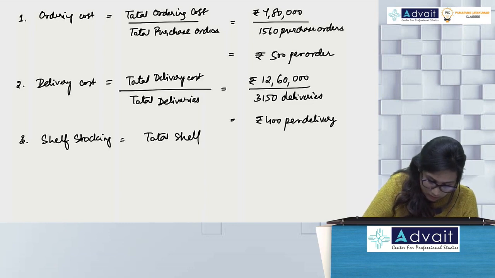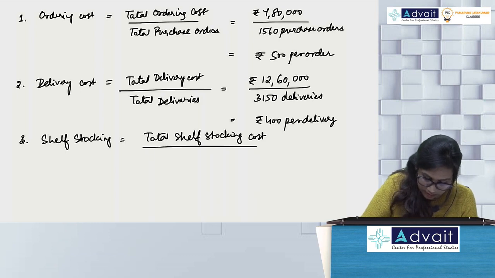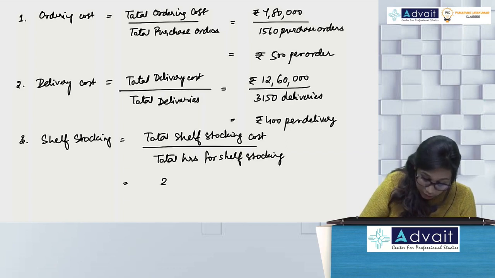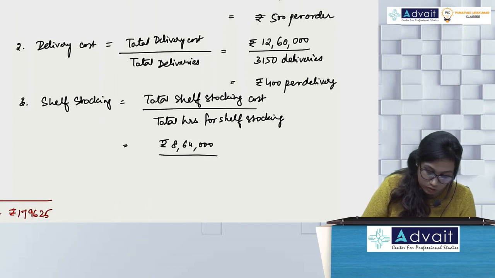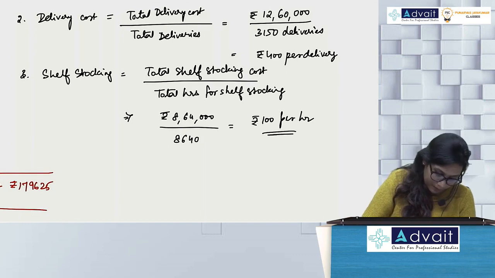Total shelf stocking cost divided by total hours for shelf stocking. So this cost they gave is 8,64,000. Total hours for shelf stocking, how many have they given? 8640. So ₹100 per hour.